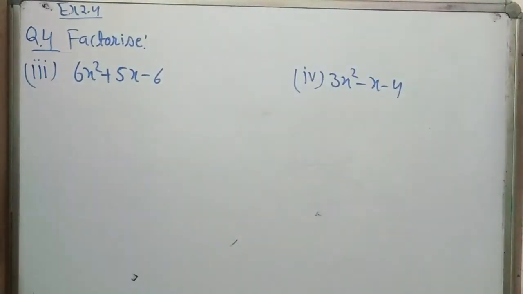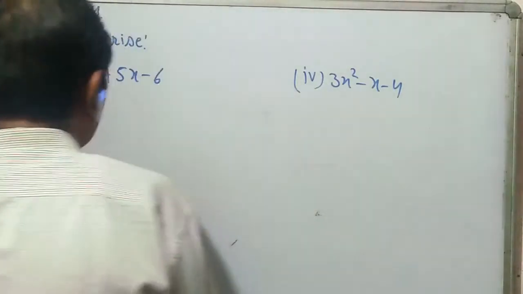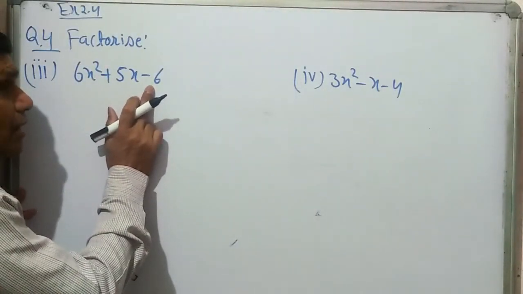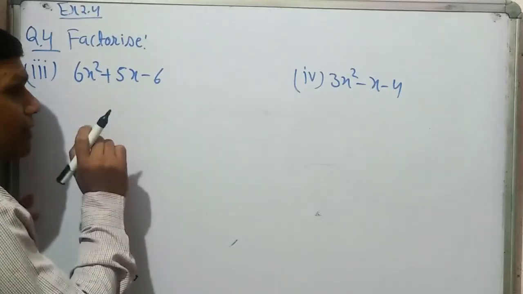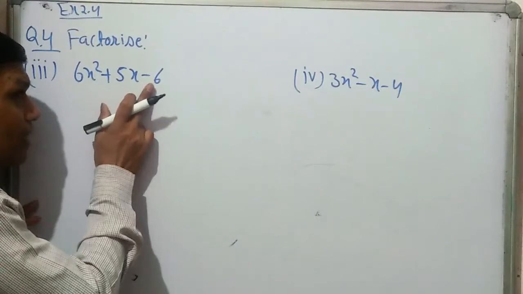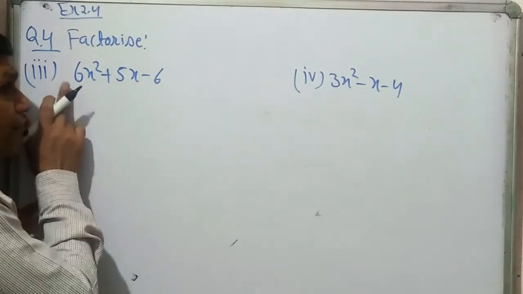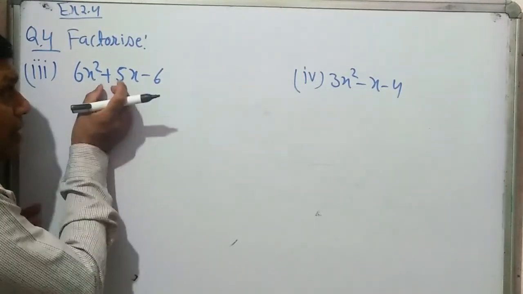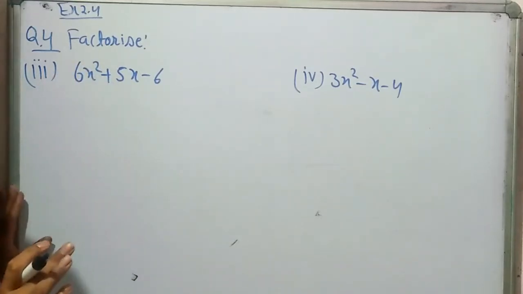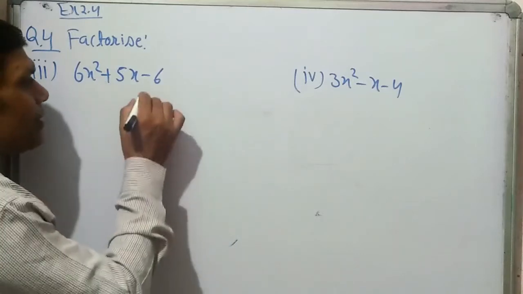Now in the third part, the first thing that we observe is the last number, the constant one, is negative. What we have assessed is, whenever the constant number is negative and the first square term is positive, the middle term will be split as a difference. What is the product?